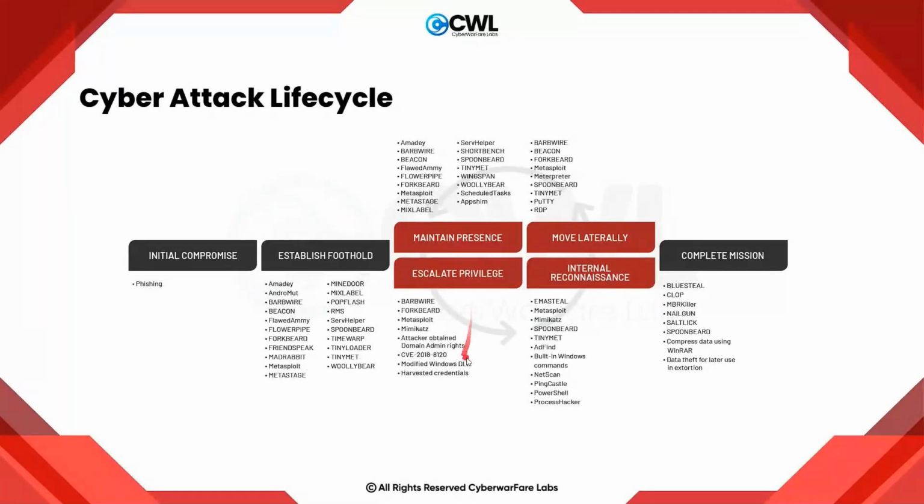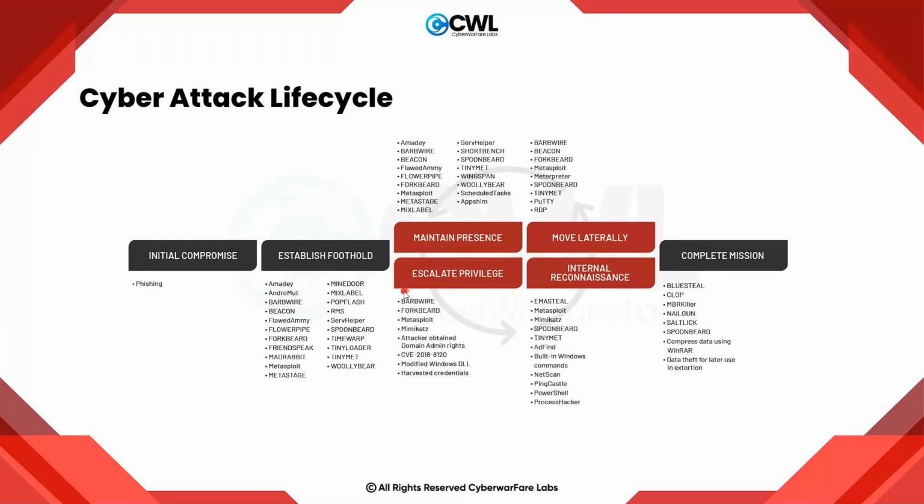You can see a couple of malwares or tools here which can be used, or which are used, in the privilege escalation stage. You can see the barbed wire is also here in the escalation, and the same barbed wire is in the established foothold as well.